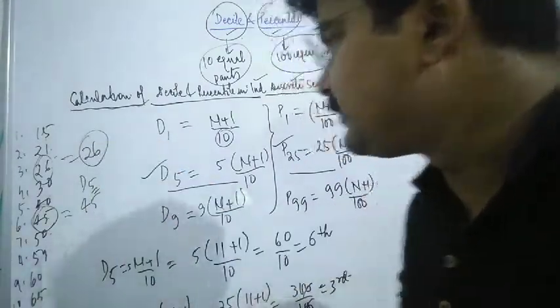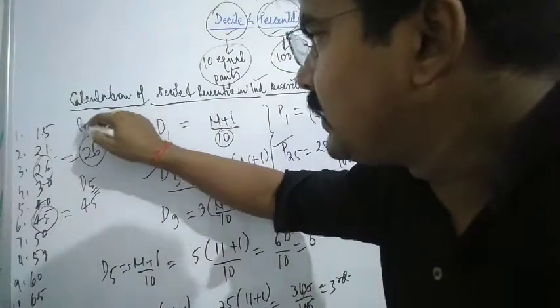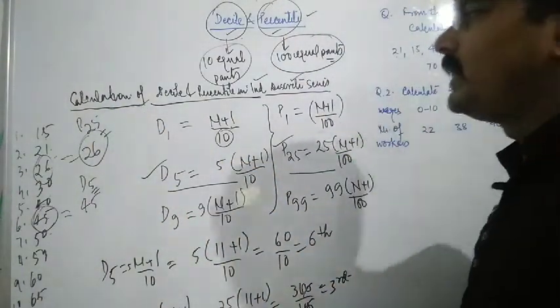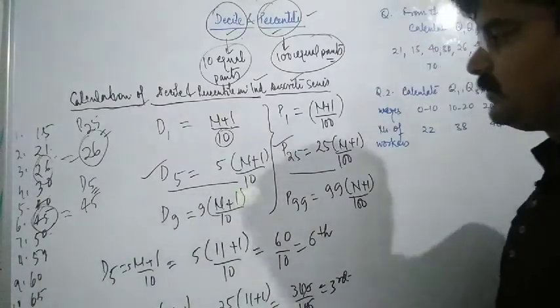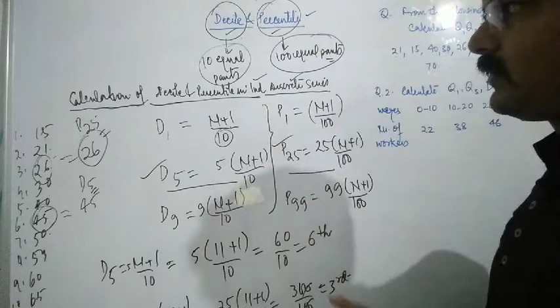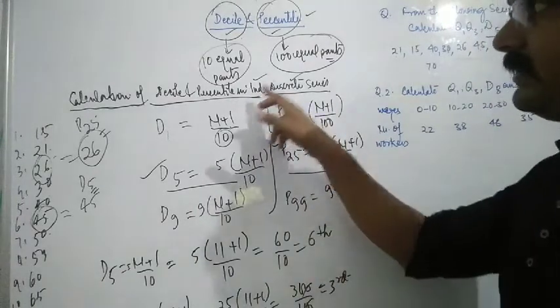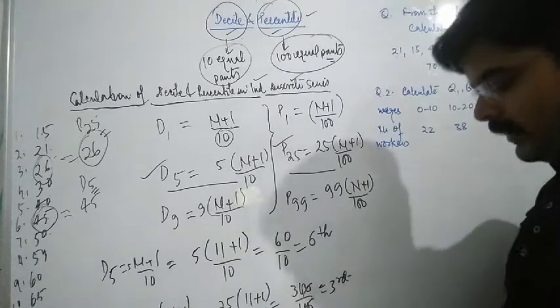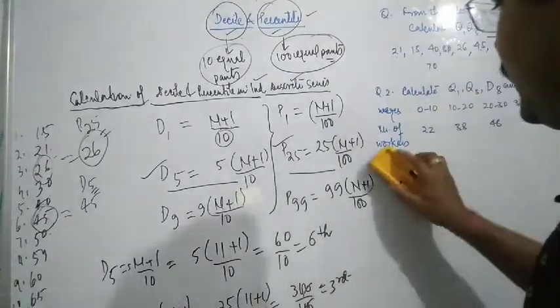So 26 is P25. In this way we can calculate decile and percentile using the various formulas. These are the formulas for calculating decile and percentile in individual and discrete series. I hope you have all understood individual and discrete series.